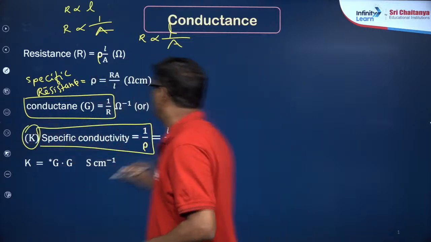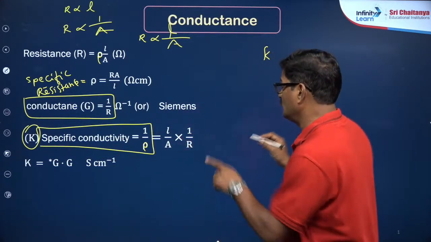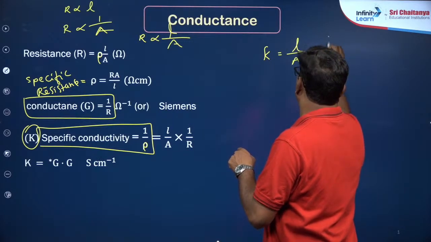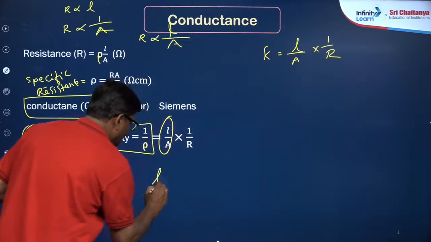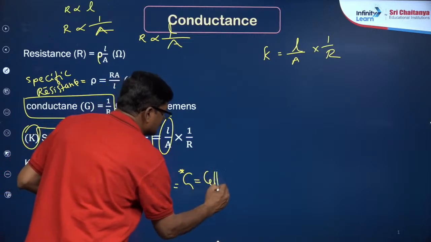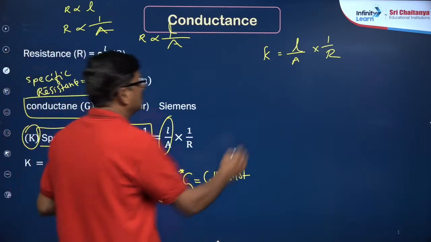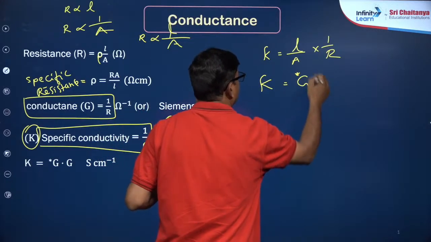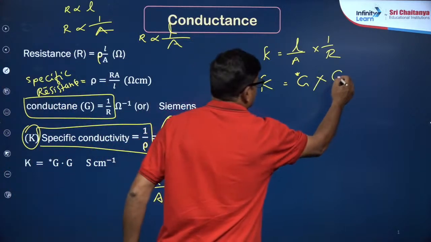You can denote it using kappa. Kappa is equal to L by A into 1 by R. L by A is equal to G star, also called the cell constant. So kappa is G star into 1 by R, where R is resistance.